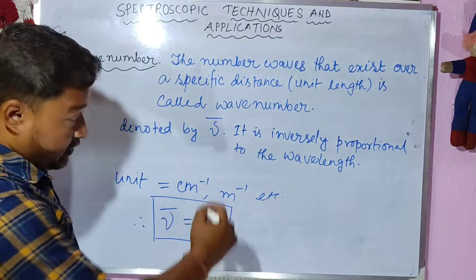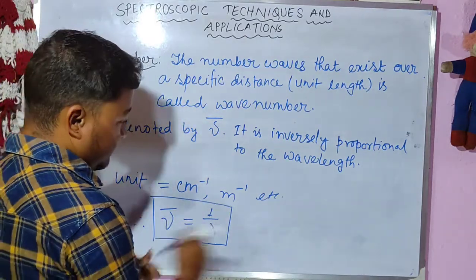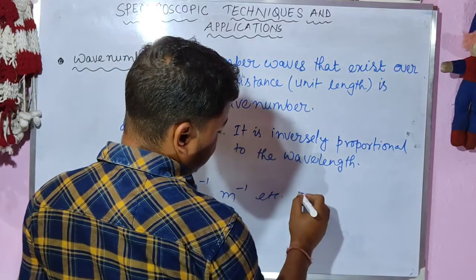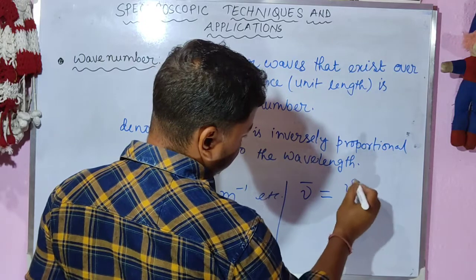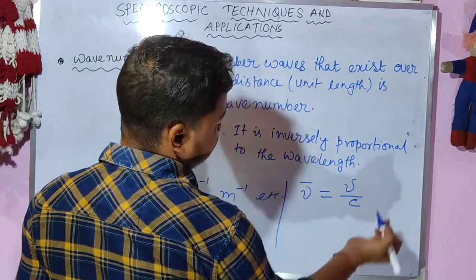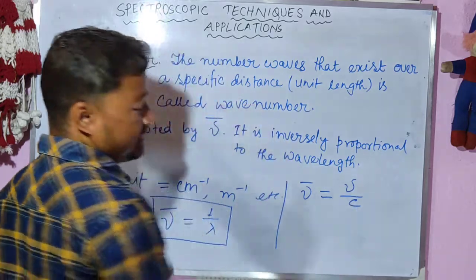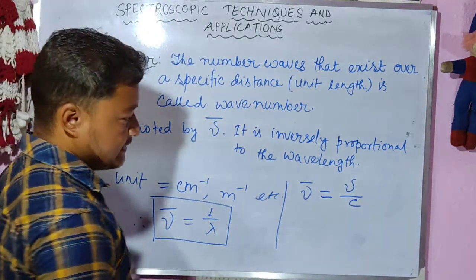Again, nu bar equals nu by c, where nu is the frequency and c is the speed of light.